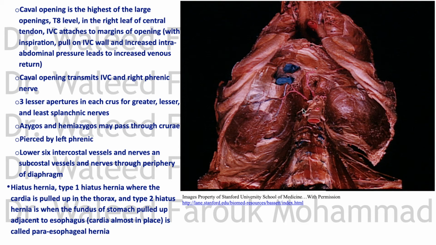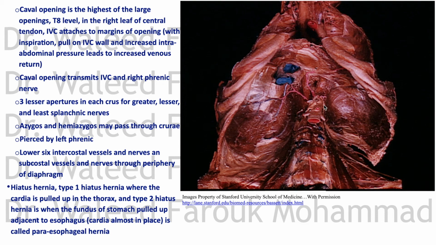When you do a chest x-ray, you will find air bubbles in the fundus present in the thoracic cavity. This is a type 2 hernia, paraesophageal hernia, where the cardia of the stomach remains almost in place, but the fundus of the stomach is taken up through the esophageal opening.